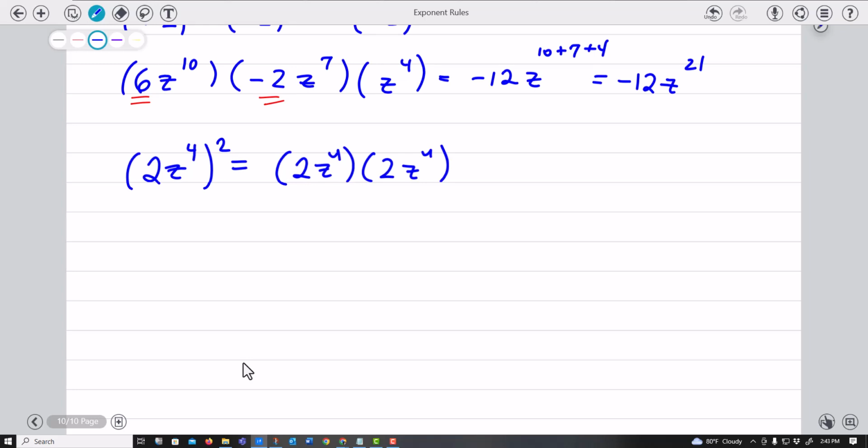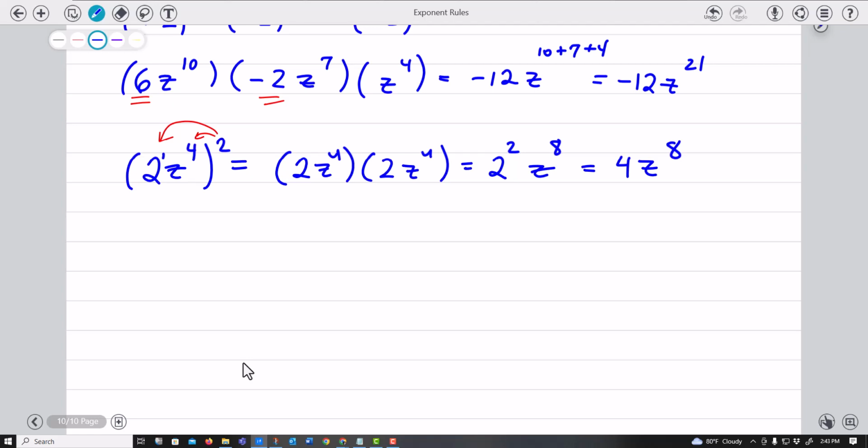But in this case, our rule says you can actually bring the 2 inside and multiply by every single term. So that's really like 2 to the 1st power, right? So that would become 2 squared. And then once again, our rule of adding 4 plus 4, which then becomes 4z to the 8th power.